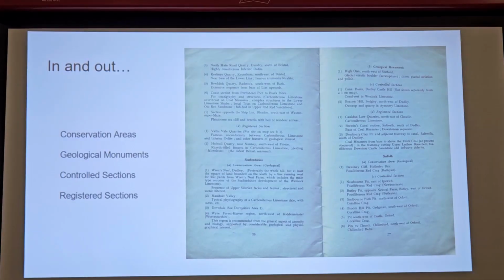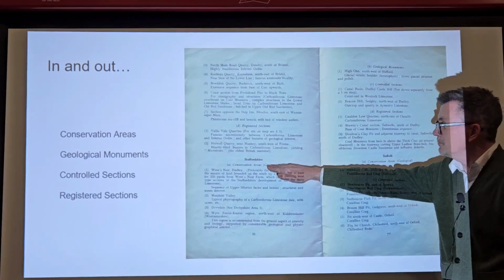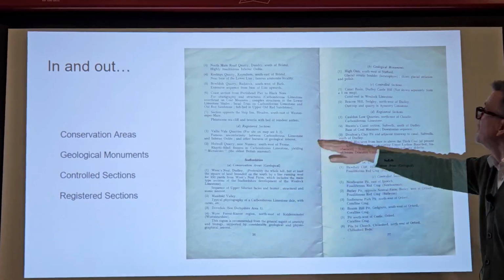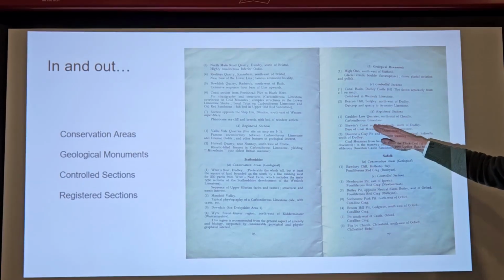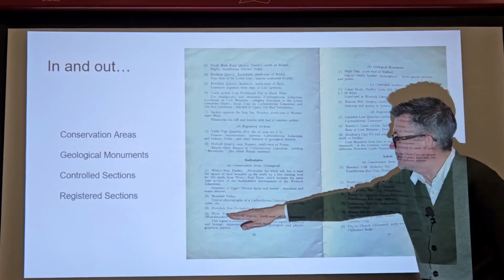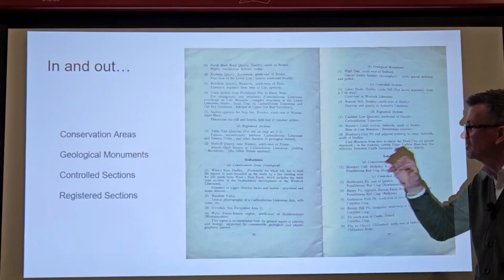And here's the thing. So this is for England and Wales. So you've got all the sites they identified for England and Wales listed here. And here is Staffordshire. But what have we got in Staffordshire? We've got the Wren's Nest in Dudley. We've got Bruins Canal, we've got Dalton's Clay Pit, we've got the classic Staffordshire sites, so Dovedale, but that could be Derbyshire, we've got the Manifold Valley, could be Derbyshire today.